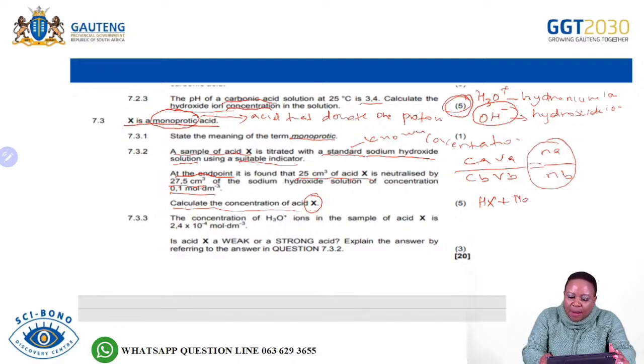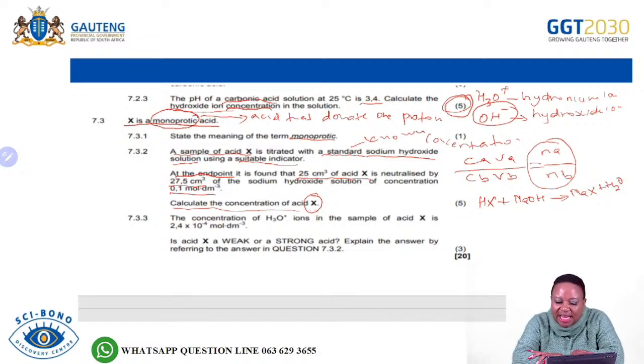React with sodium hydroxide to give us what? We know that we're going to have sodium X, I don't know whether it's chloride or whatever, it depends on what X is, plus water. Now, when you look at this reaction, let's see whether our reaction is balanced. We can see that this side we have 2 hydrogens, and also this side we have 2 hydrogens. We have 1 X, we have 1 X. We have 1 sodium, we have 1 sodium.